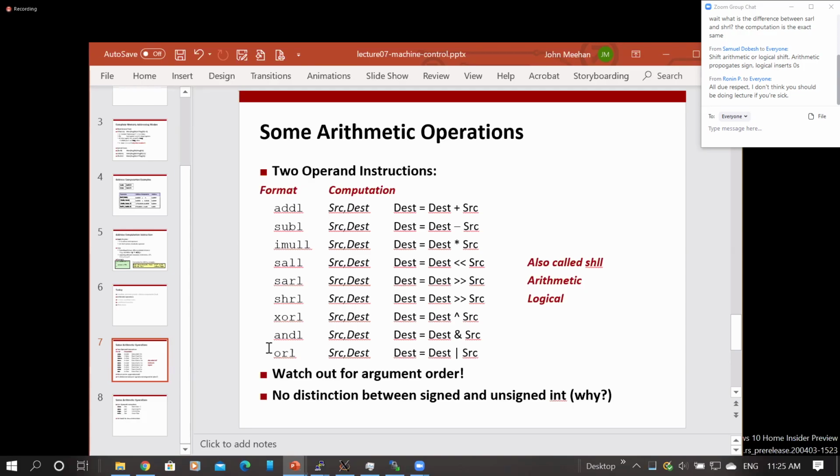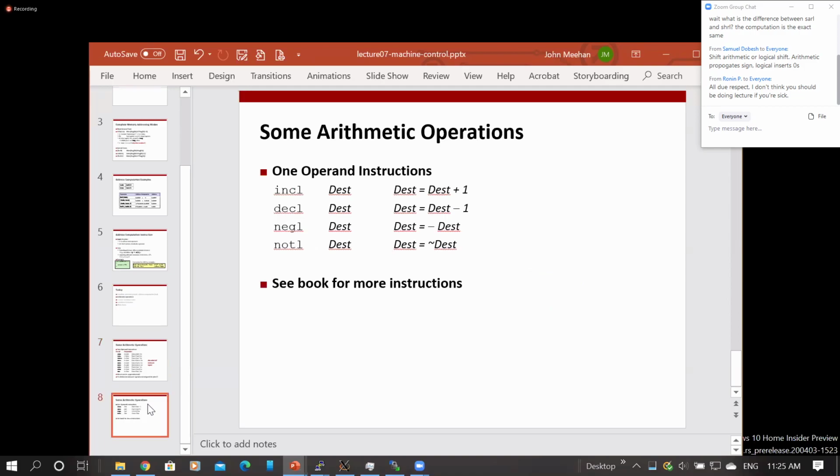So we have these arithmetic instructions, and they're very easy to remember. They just correspond to the ands and multiplies and shifts and that sort of thing, right? So the next concept is we have special instructions for adding one.